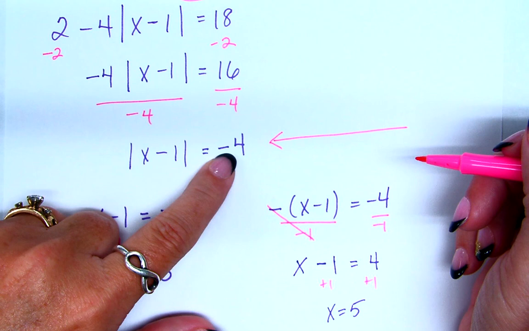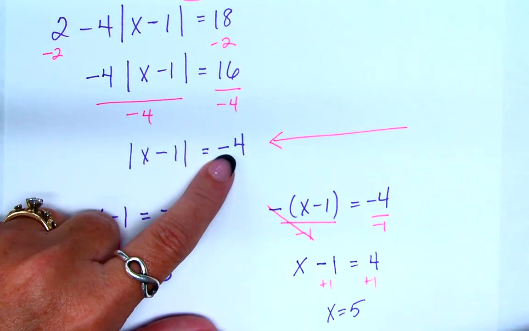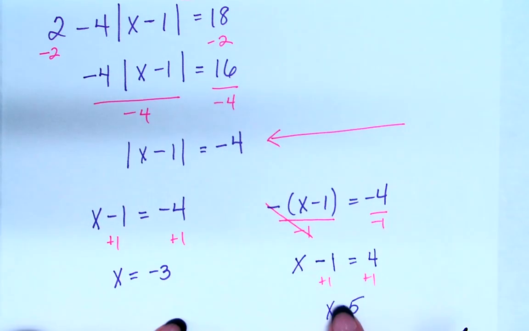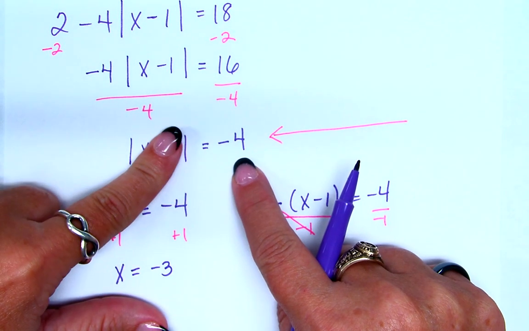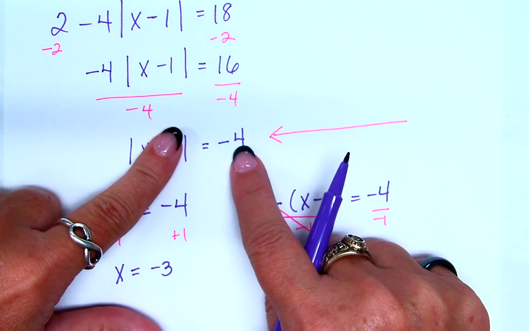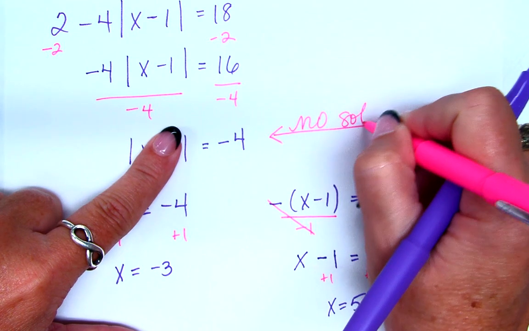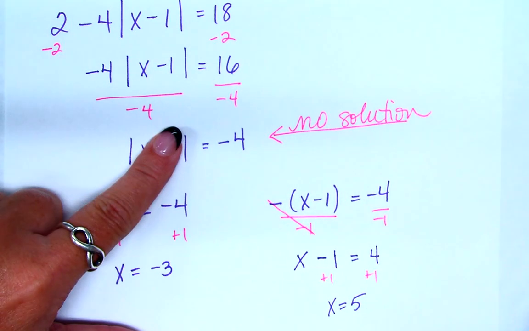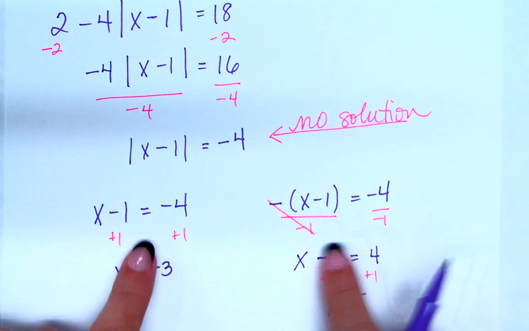You can't. So if you did this, you would get down here and realize, uh-oh, something's wrong. And you'd look back up here and say, I have my absolute value isolated and I got a negative. Will that ever happen? So you can immediately write no solution.